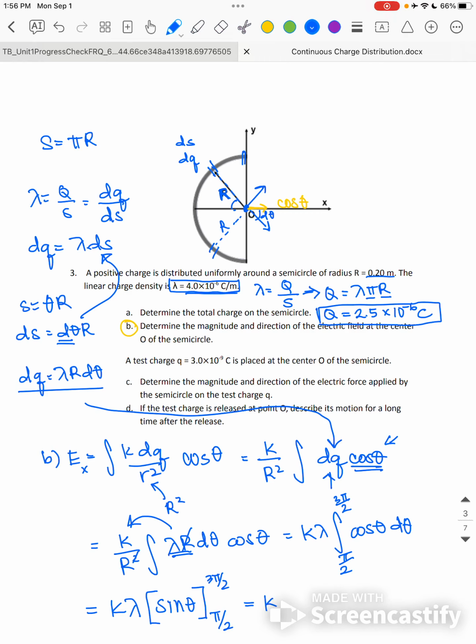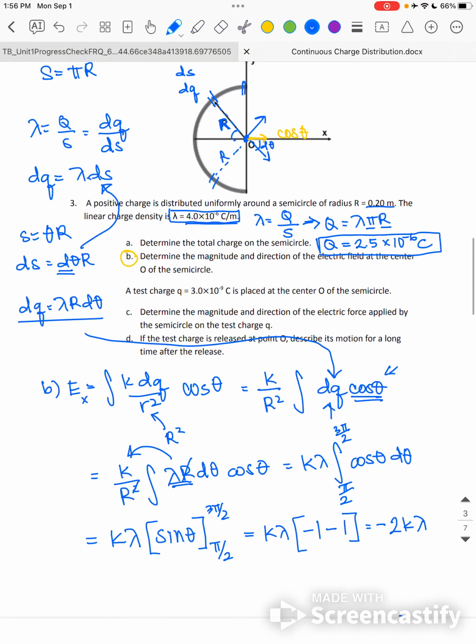It's going to be k lambda times negative 1 minus a positive 1. That gives me negative 2k lambda. And if I plug in all of those values, I end up with negative 3.6 times 10 to the 5th newtons per coulomb.